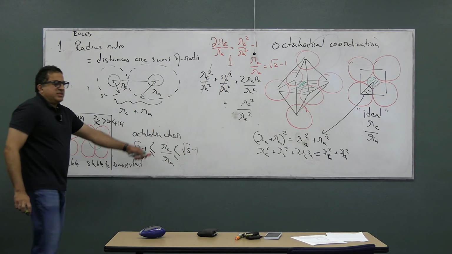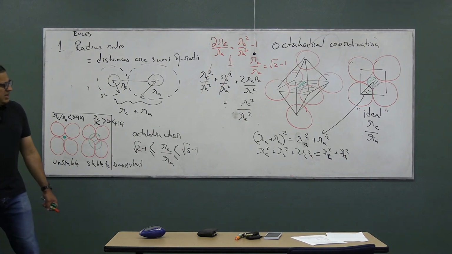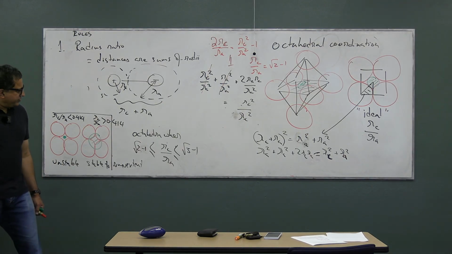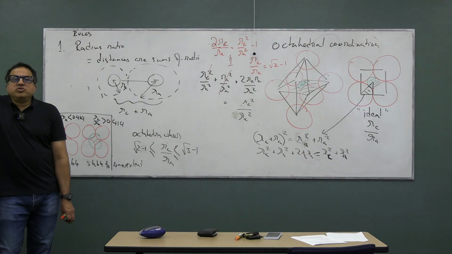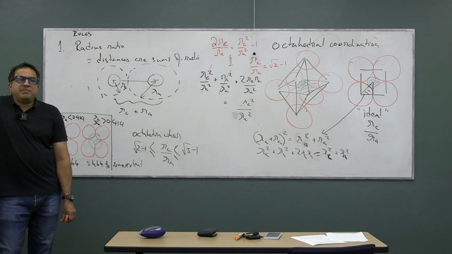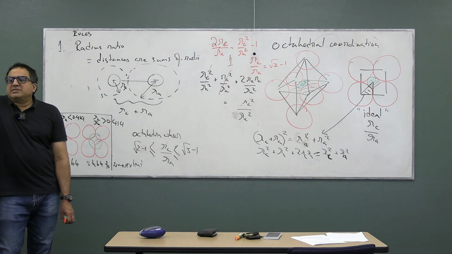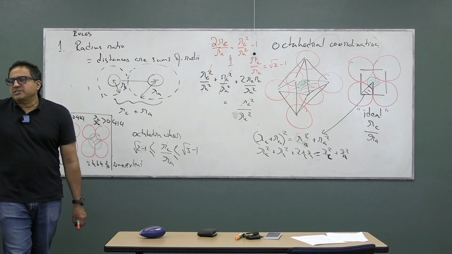And that's because the next higher coordination is a cube. I'll show you a picture from your textbook in the notes for today. But all stable radii for a certain coordination number fall within a certain range.